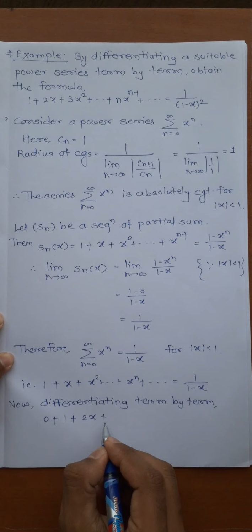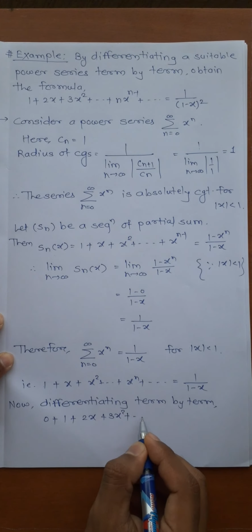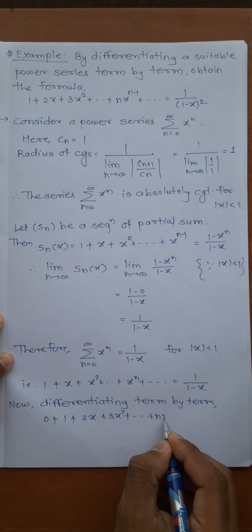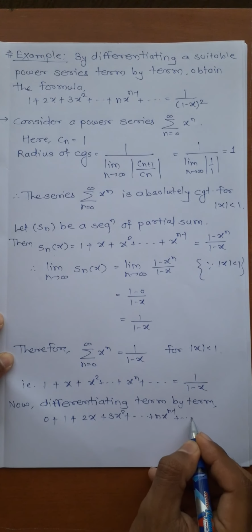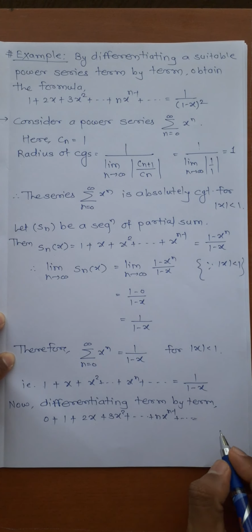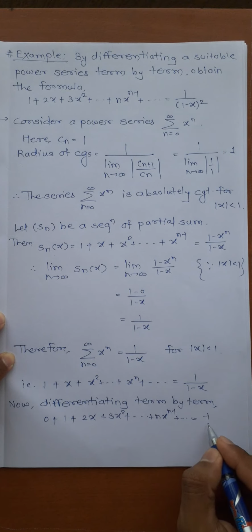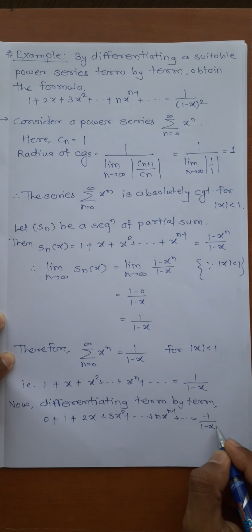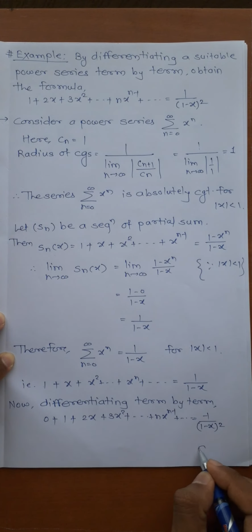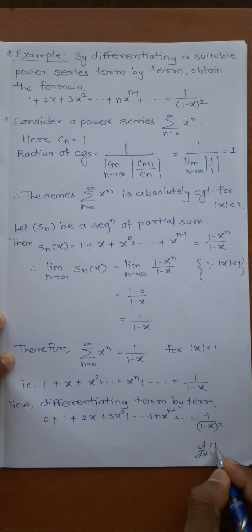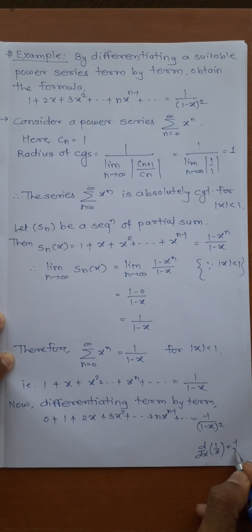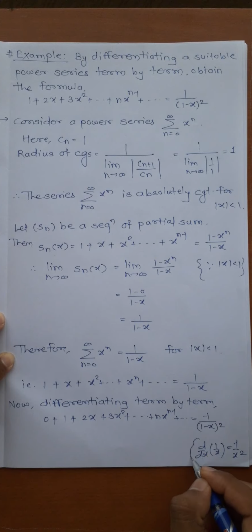Obviously x cube has derivative 3x square. What is the derivative of x raised to n? n x raised to n minus 1, plus and so on. What is the derivative of 1 upon 1 minus x? Its derivative is minus 1 upon 1 minus x square. I am writing the formula: the derivative of 1 upon x is minus 1 upon x square. This is the actual formula.